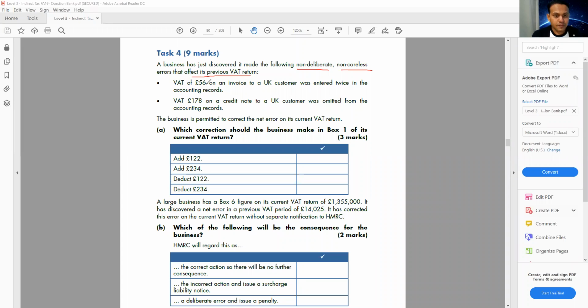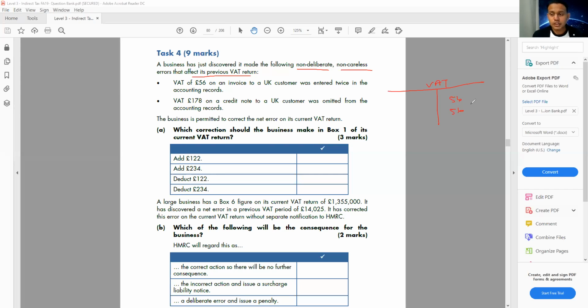VAT of 56 on an invoice to a UK customer was entered twice on the accounting record. So basically, that's my VAT control account, for example. I'm supposed to write 56 once, but mistakenly I wrote it twice. So obviously, I have to claim back.